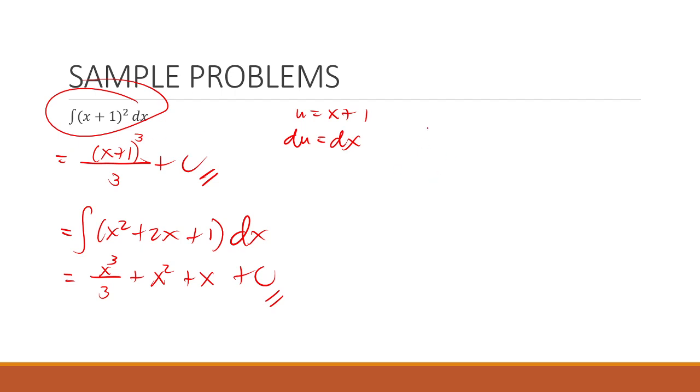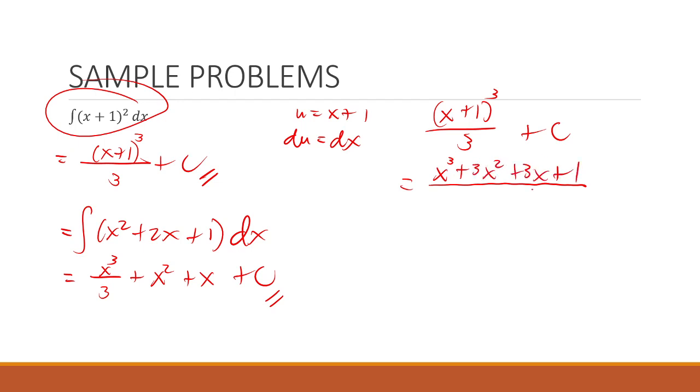Expand na to siya. So isolate lang natin class. X plus 1 cube over 3 plus c. Okay? So let's try to expand. Binomial expansion, exponent is 3, so 1, 3, 3, 1 sa Pascal's triangle para mas dali. So this is x cubed plus 3x squared, tama ba? Plus 3x plus 1 over 3 plus c. Okay? And then distribute 1/3 for each of the terms in the numerator.